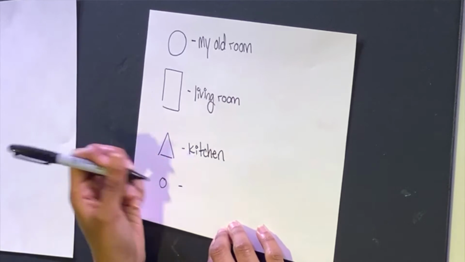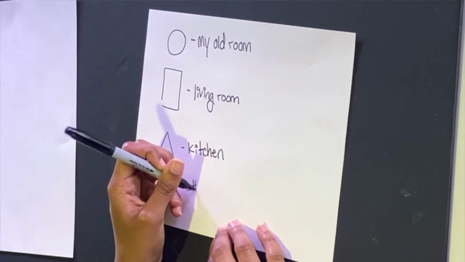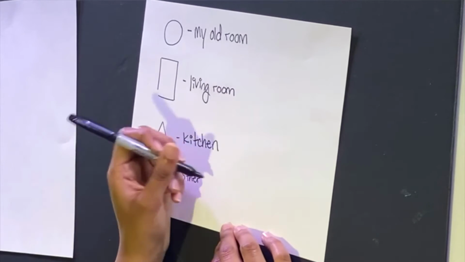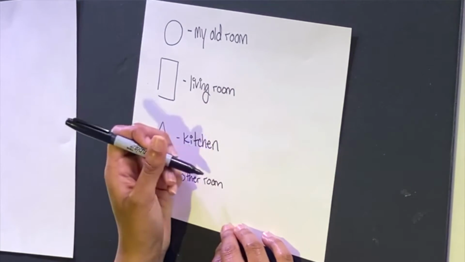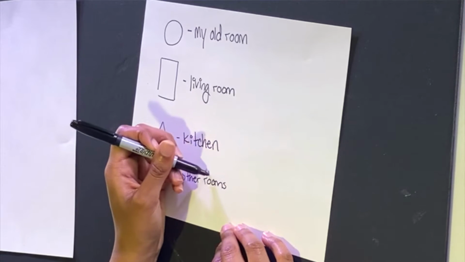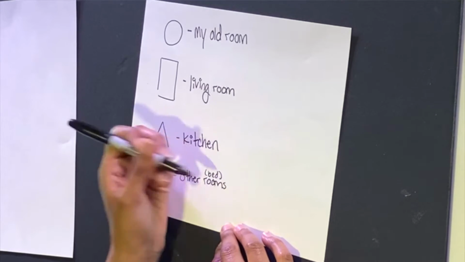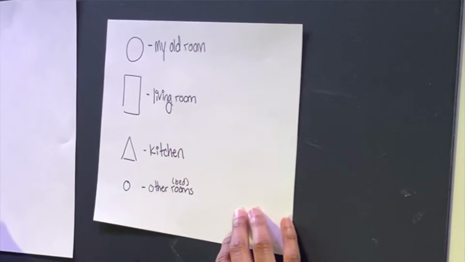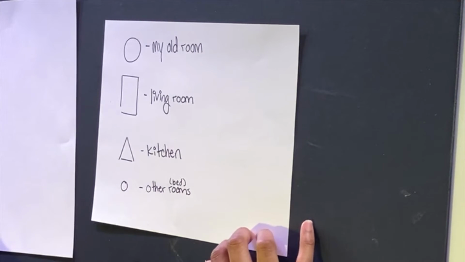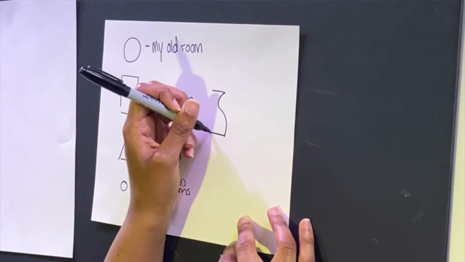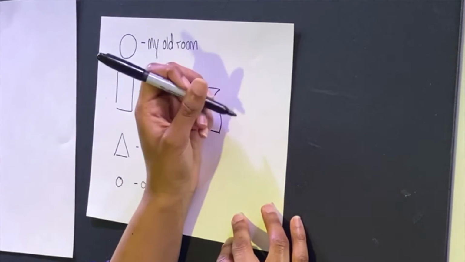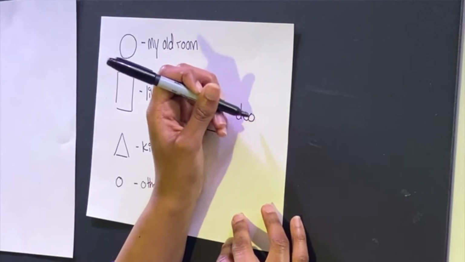A smaller circle for other rooms, so rooms that are not my room, like other bedrooms. And then let's do squiggly shapes for where the doors are.